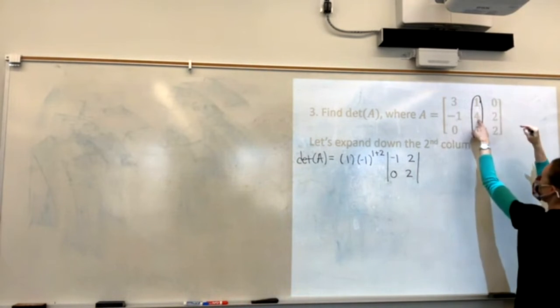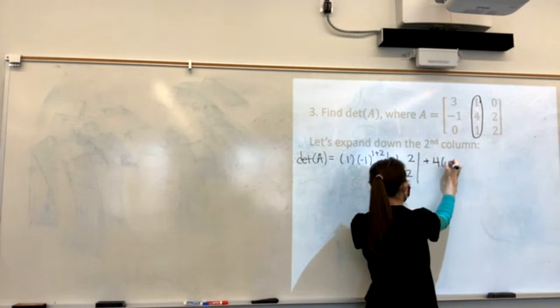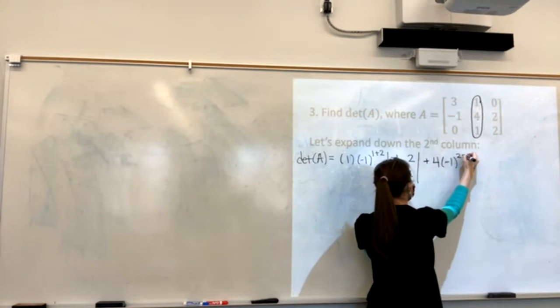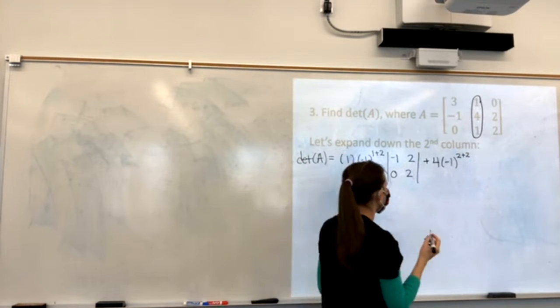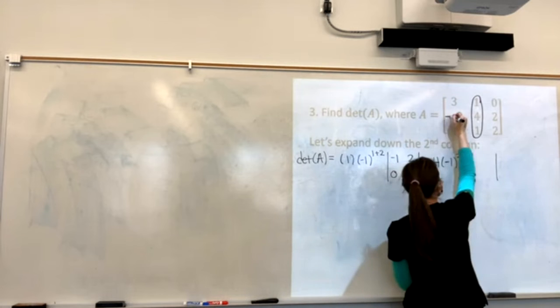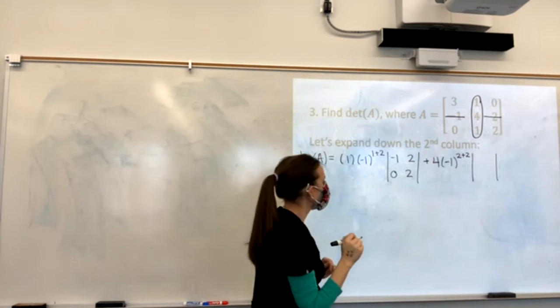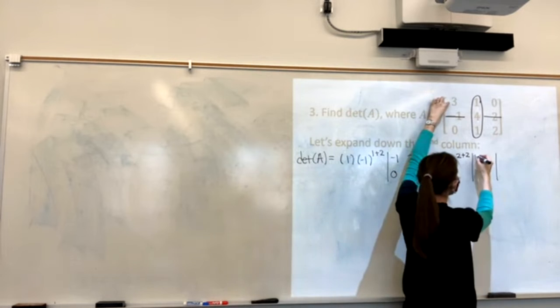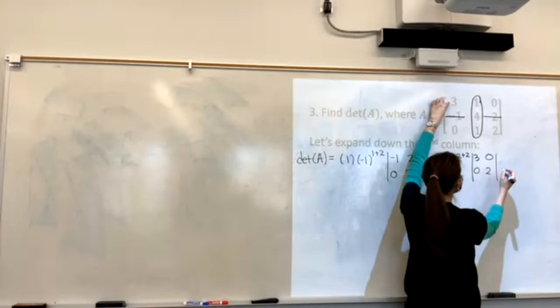All right, so that's the 1. Then we go to the next entry, which would be 4. 4 is in the second row, second column, times the determinant of what we get if we delete the row and column containing 4. So that will leave me with 3, 0, 0, 2.